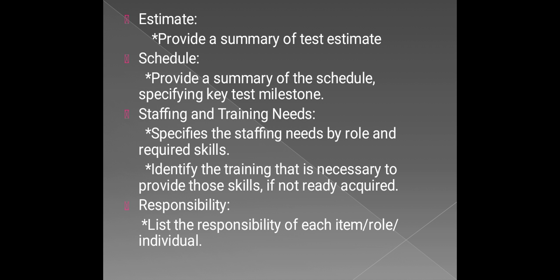It also identifies the training that is necessary to provide those skills, if not already acquired. Someone who has to test the product has to be trained in that field. So we have staffing and training needs.